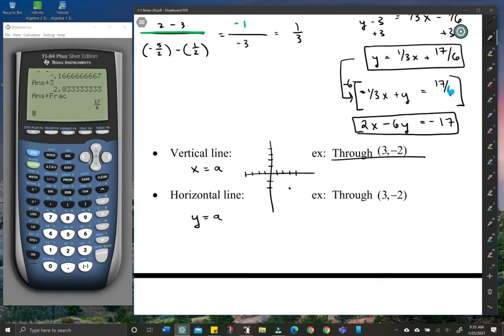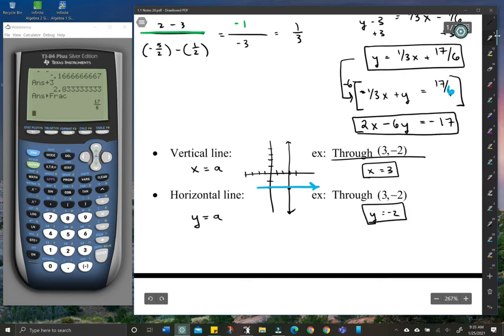So this vertical line is going to be x equals 3. Vertical is always going to go through the x-coordinate, whereas the horizontal is always going to go through the y-coordinate. Notice it's the same point, y equals negative 2. So note to self, horizontal is y, and vertical is x.